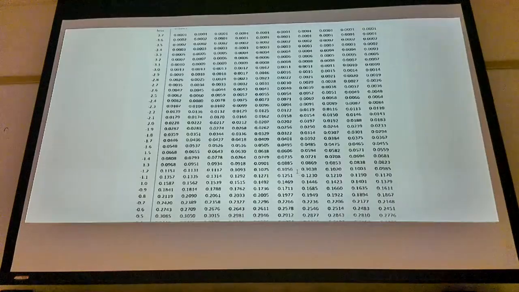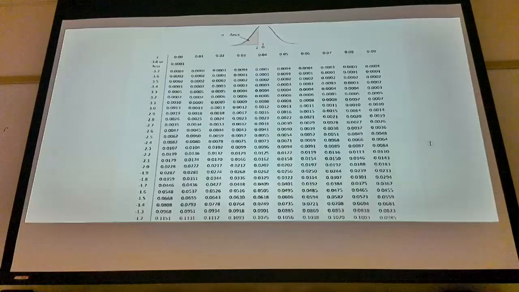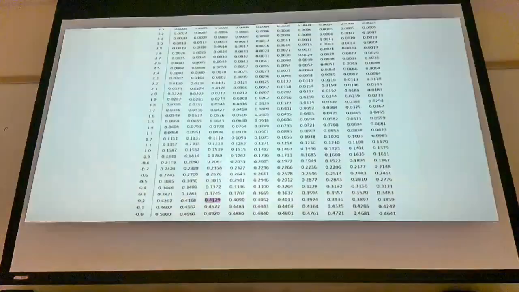So it's negative 0.22. Yeah. So negative 0.2, and 2. The first one is always 0. It's going to be easier when you have it printed out because you actually have the column headings on screen as well. Don't have to worry about scrolling all the way up. So that's our answer, 0.4129.